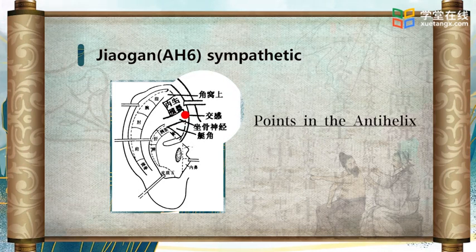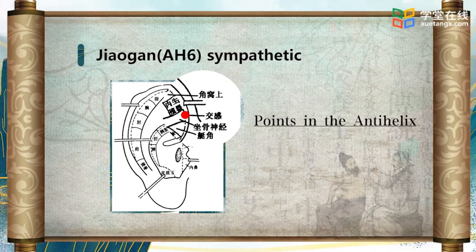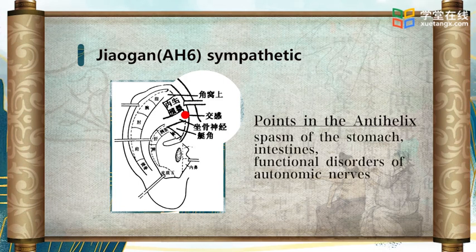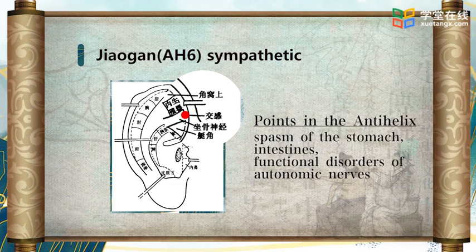It is at the junction of the end of the inferior antihelix crus and the medial edge of the helix. We usually use this point to treat spasm of the stomach and intestines, and functional disorders of autonomic nerves.